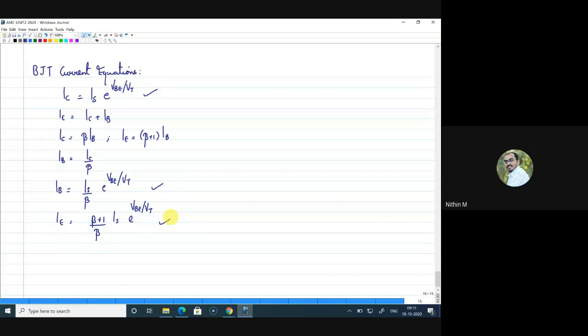Now, if you closely look at this current equation, for example the collector current equation, we will actually observe a very interesting property of BJT. If I rewrite this equation again, IC can be written as Is into e to the power of VBE by VT.